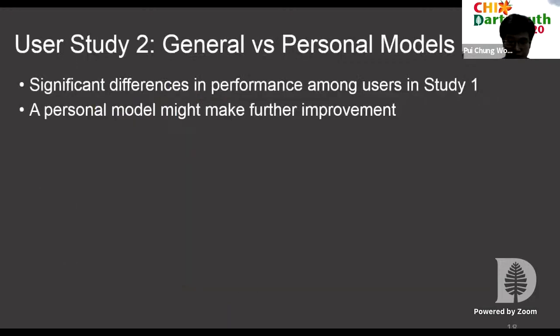We observed that there are significant differences in performance among users in study 1. This suggests that a personal model may make further improvement and could yield better performance than a general model. We then compare these two models through computer simulations.